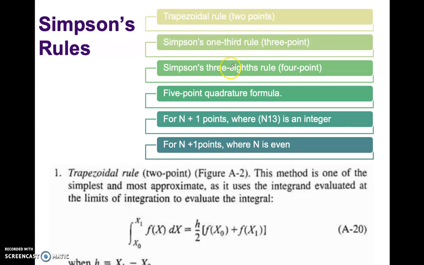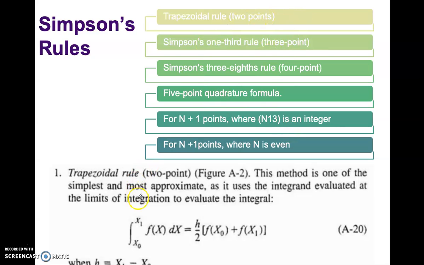Simpson's 1/3 rule, 3 points, and Simpson's 3/8 rule, 4 points. 5-point quadrature formula, and 4n plus 1 points, which is also for n plus 1 points. So you may choose one or two of these types of Simpson's rule.